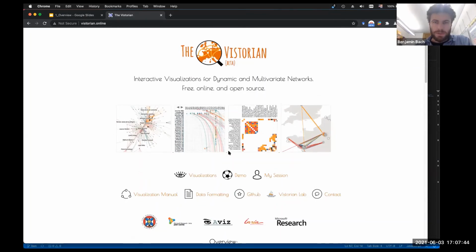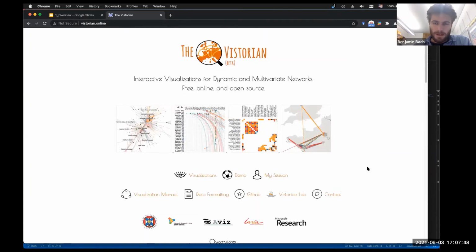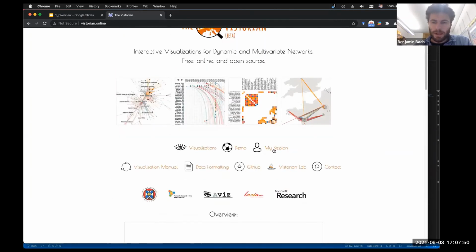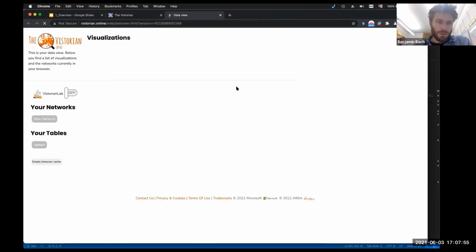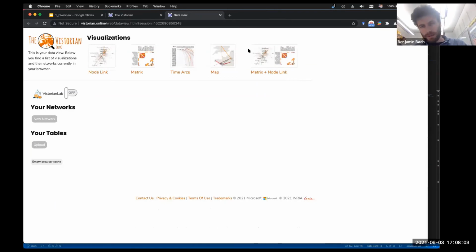So when you first come to this page, you have a lot of information, which is not so helpful at this point. And you click on My Session, and you will come to a data manager. You call this the data view. Just resetting my system so that I can show you how it works. So the first time you see, it just looks empty.